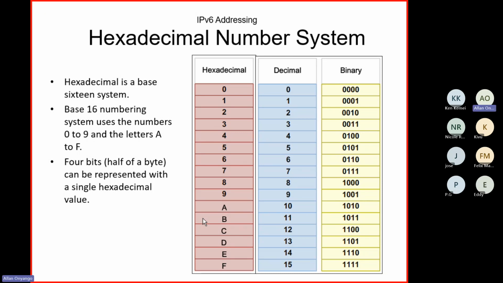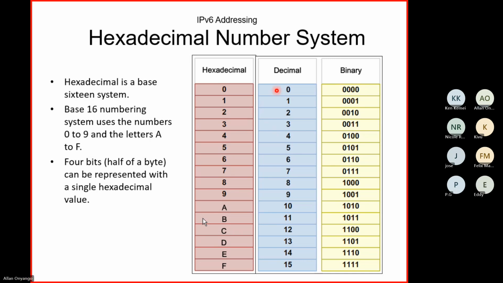All right. These are the 16 hexadecimal numbers, the hexadecimal numbering system. Let me get my marker here.